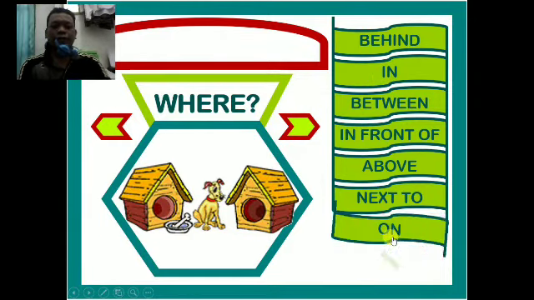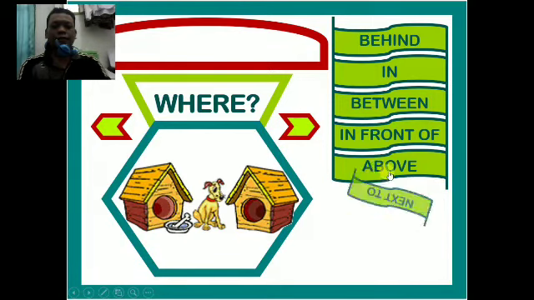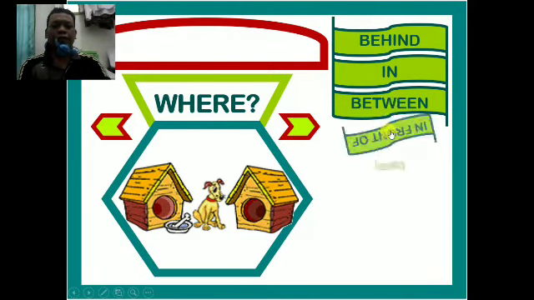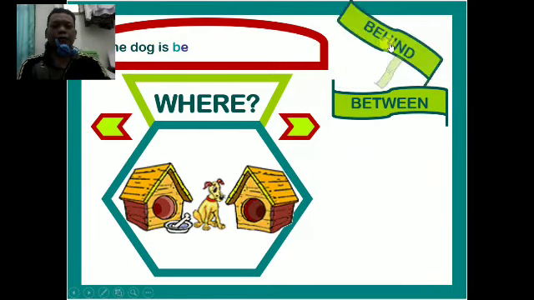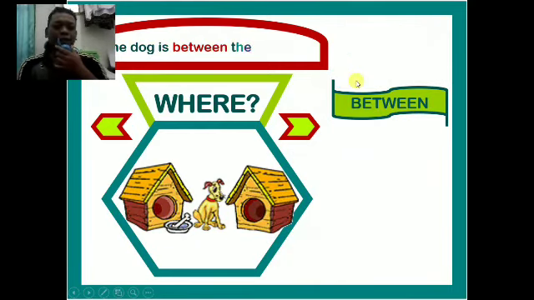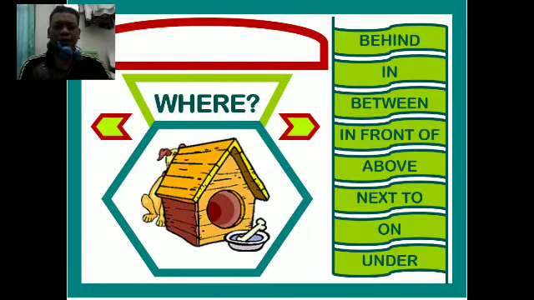Under? No. On? No. Next to? No. Above? No. In front of? No. Between? In? No. Behind? Yes. The correct preposition is between. So the dog is between two houses. Berada di antara dua rumah. So this is the next preposition.